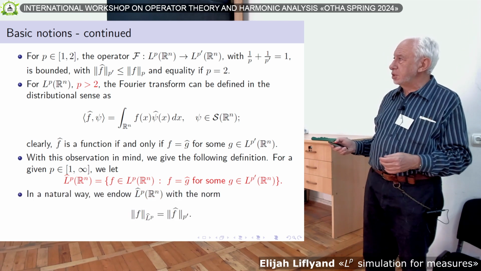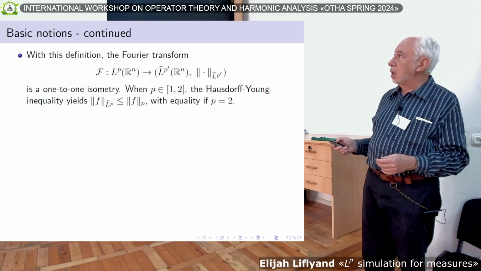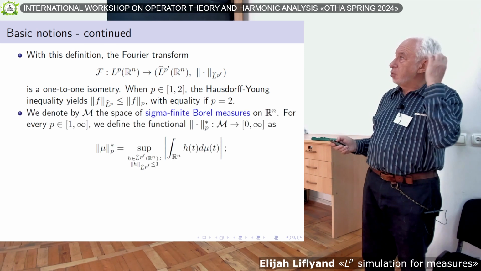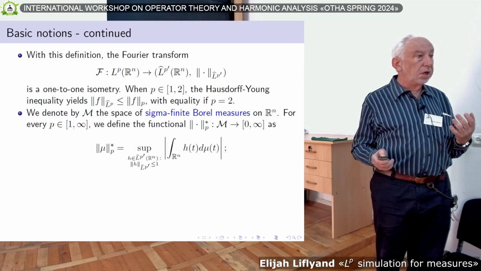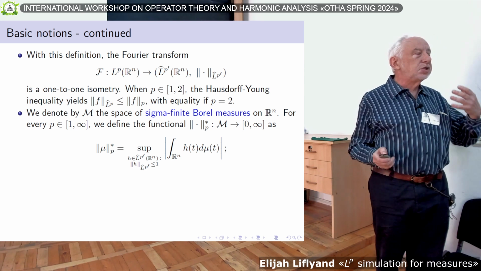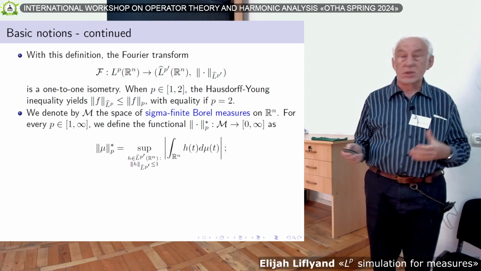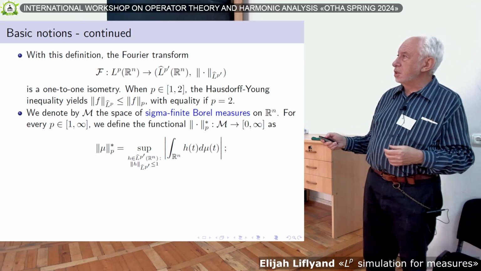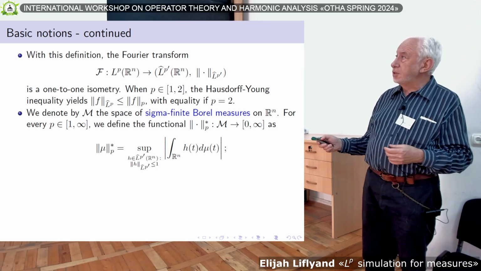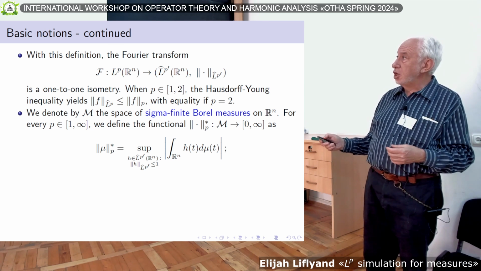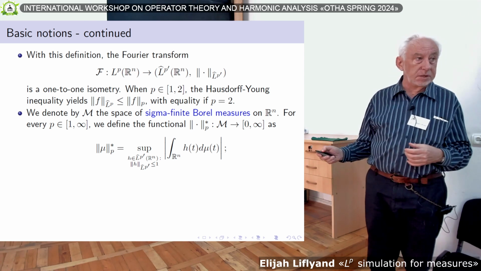Then the norm is defined in the usual way, and then we consider measures, and from measures we introduce a sort of analog for LP norms. We denote it as LP star. We take this associated norm on functions in LP prime hat.